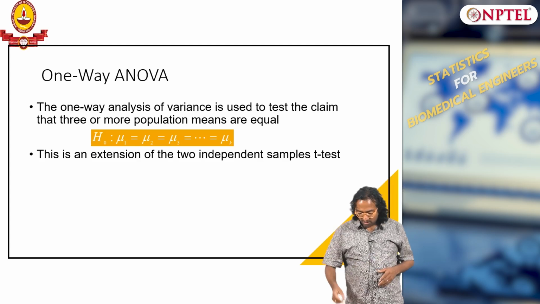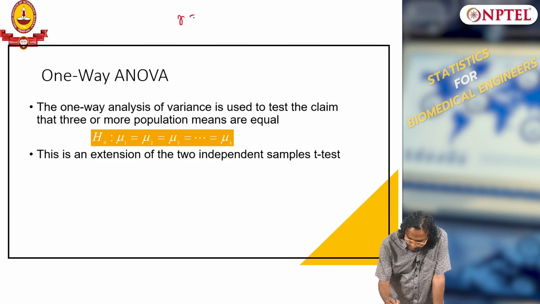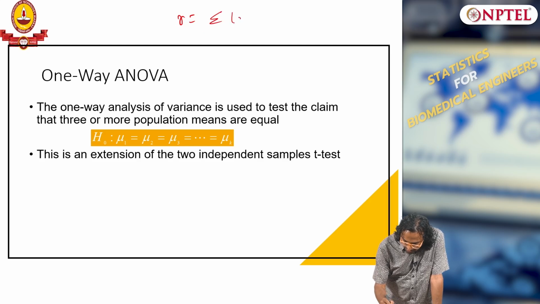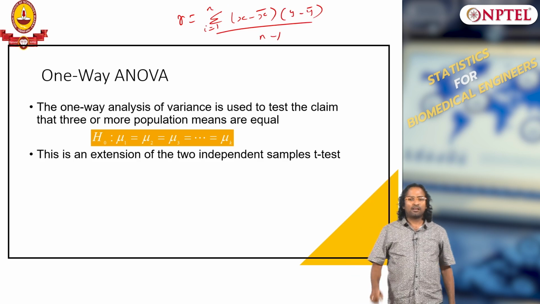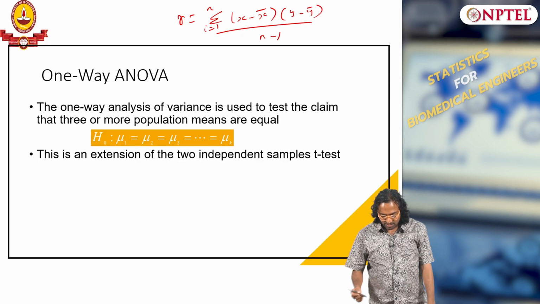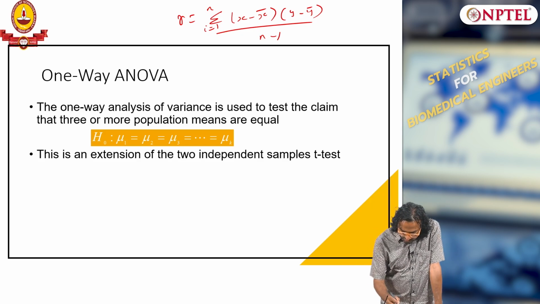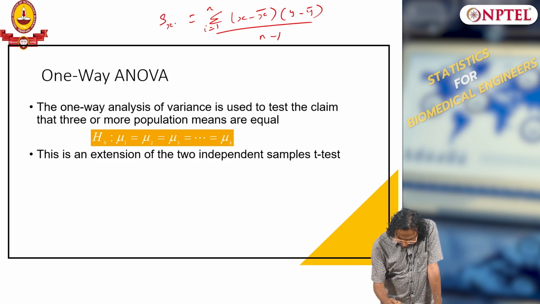So that you could compute the correlation. In fact, the covariance is nothing but x minus x bar into y minus y bar divided by n minus 1, i going from 1 to n, right. So this is our covariance, and we write it as sigma xy.